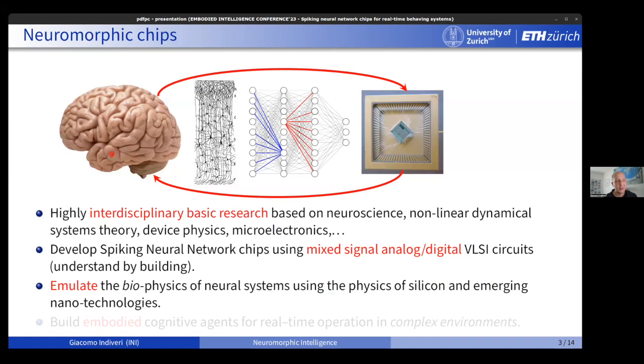And so to do that, we need to understand how the brain does it first. So we study really neuroscience, neuroanatomy.